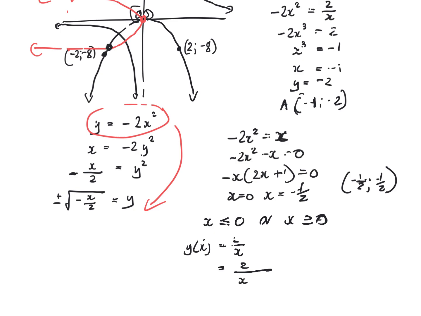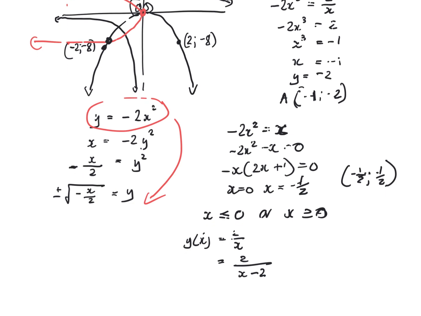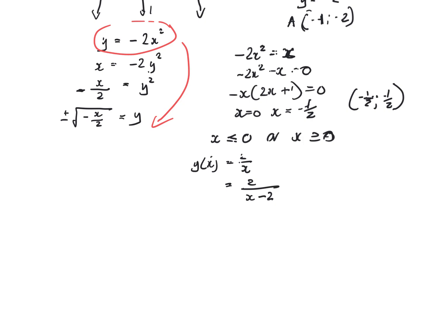So I'm going to minus 2 units because I'm going to go in the opposite direction. And now if I want to reflect this over the y-axis, all positive x's become negative. So this will become 2 over (-x - 2).